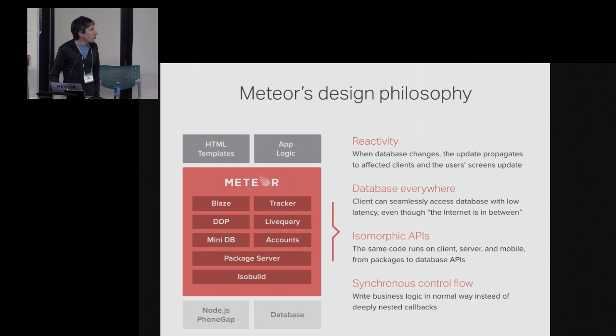But the idea is, if I can use the same code in all those different settings that I mentioned, there are massive efficiency gains for the development experience, right? So if I don't have to juggle between different APIs for how to access my database on the client and the server and the phone, if I don't have to write in JavaScript in one place and Objective-C in another place, I can have one team.